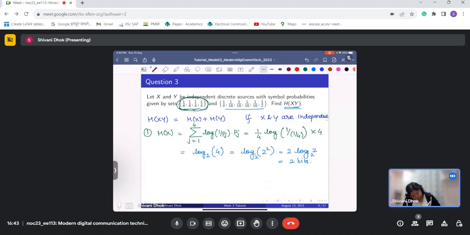Now let us take h of y, which is summation j equal to 1 to, sorry, not 4.